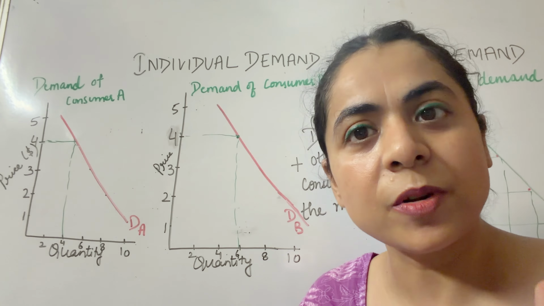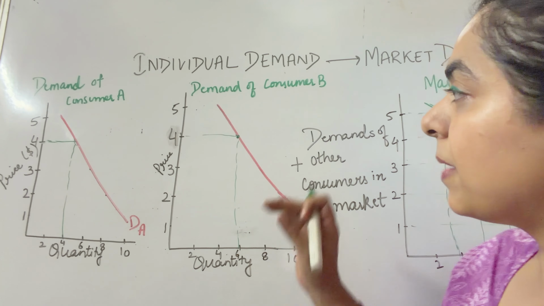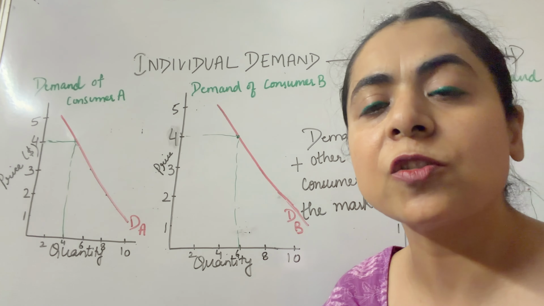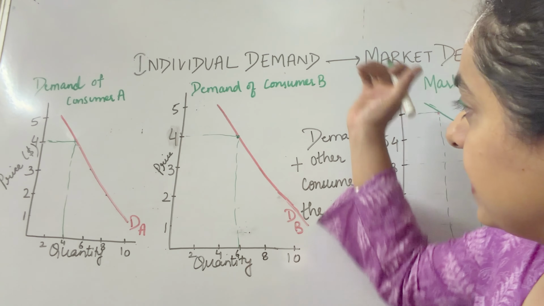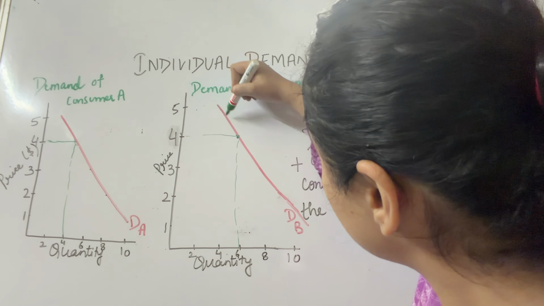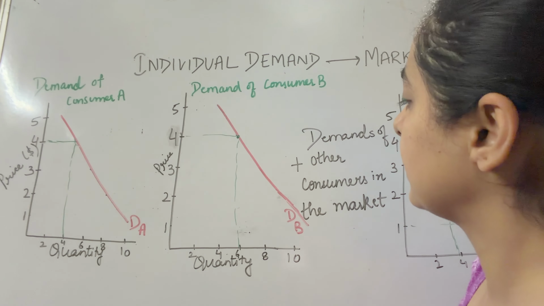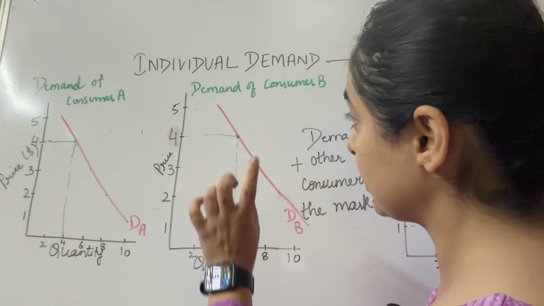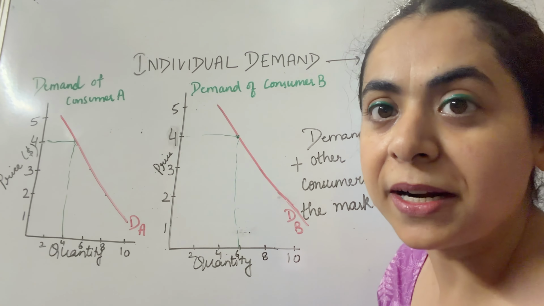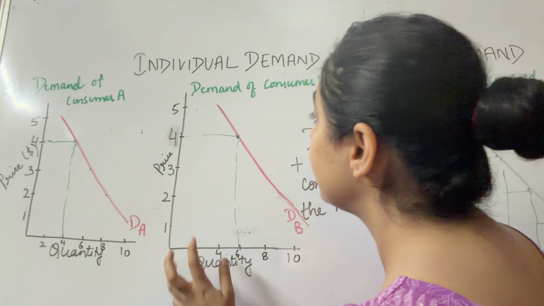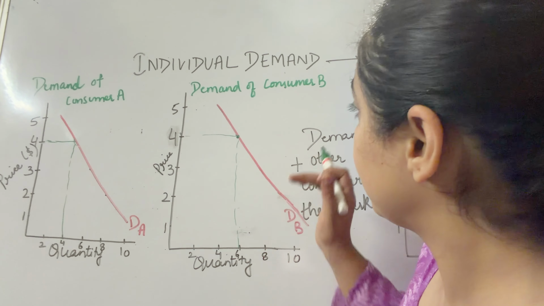Now let's differentiate between demand and quantity demanded. Demand refers to all possible combinations of price and quantity demanded. In this case, this whole curve represents the demand of the consumer. As we can see, at a price of 4, the quantity demanded is 6. So this particular point is quantity demanded, a particular quantity against a particular price.